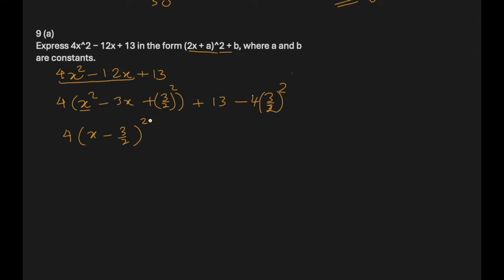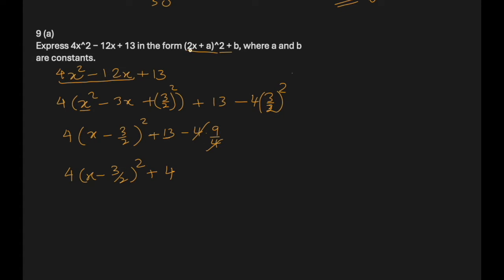This becomes a perfect square, and now it becomes 13 minus 4 times 9 over 4, this is 9 over 4 and 4 cancel, so 4 times x minus 3 over 2 square plus 13 minus 9 is again 4.